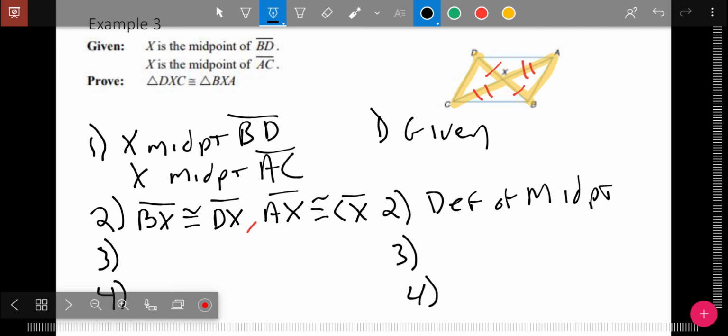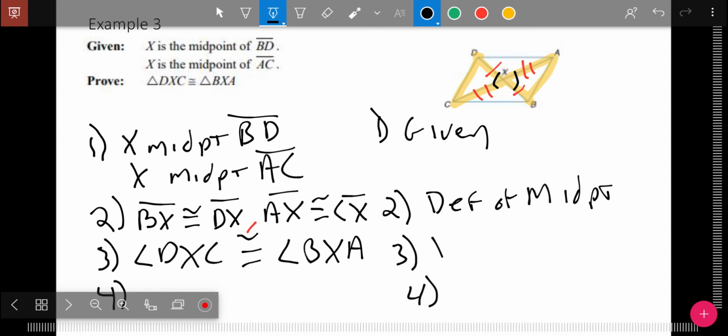The angle in between them would be this angle and this angle. So how do I know those two angles are congruent? Those angles would be angle DXC is congruent to angle BXA.